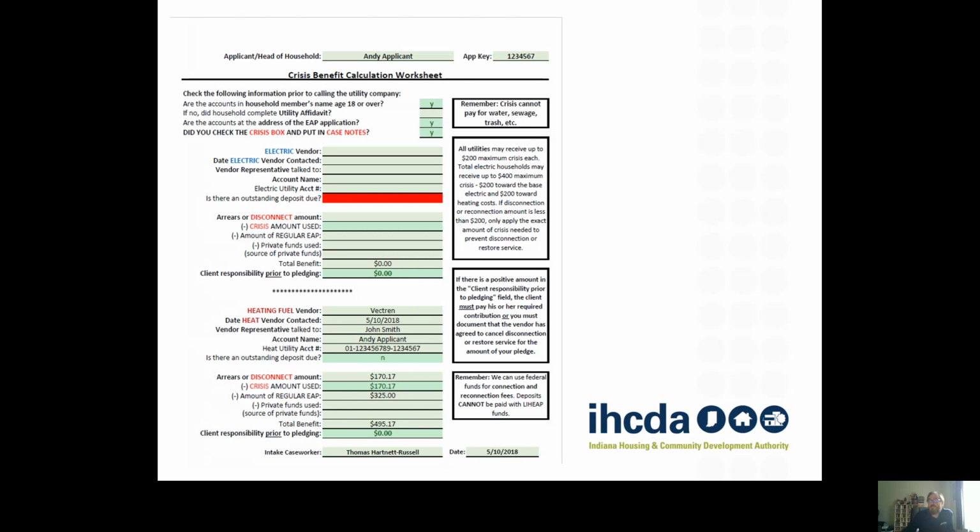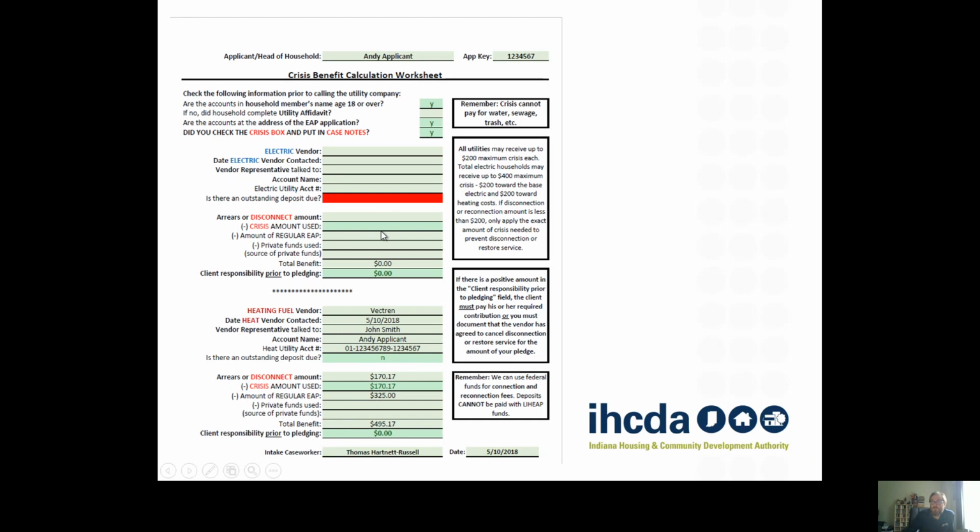This is the crisis benefit calculation worksheet that we do suggest or recommend that all LSPs make available to their intake and consider having them required. You don't have to require them, but it is considered a best practice.